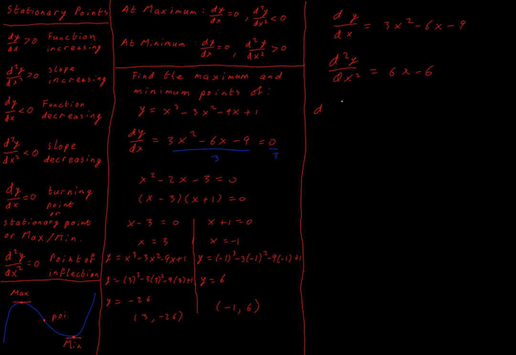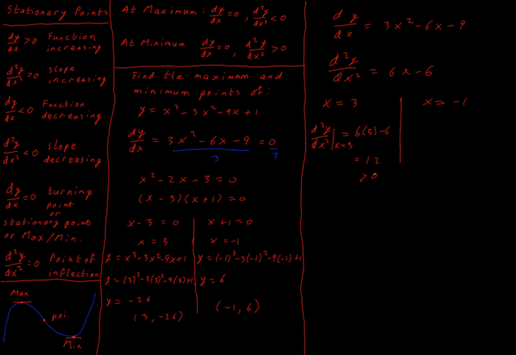And I want to know at x is 3 and x is minus 1, what are those values? So d2y dx squared at x is equal to 3 is equal to 6 times 3 minus 6, which is equal to 12.